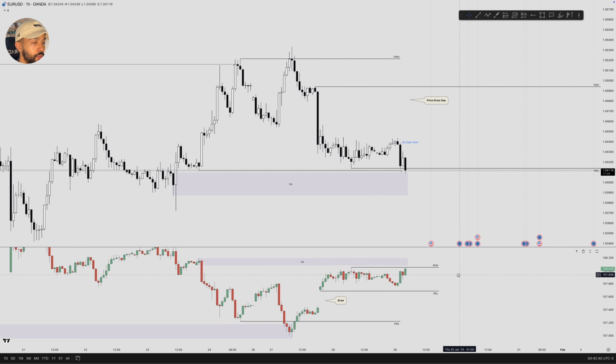And then with DXY, we also have potentially just about taking that previous daily high buy side liquidity. We still have a bit to go if we want to mitigate this order block here. So all of those confluences would be on side to also move back towards this drawn price imbalance left behind from the previous day.